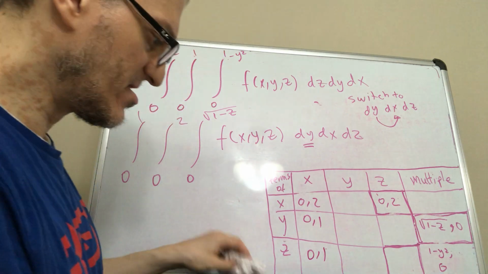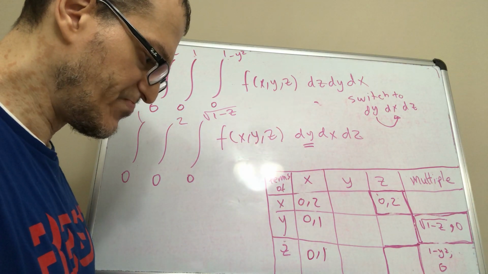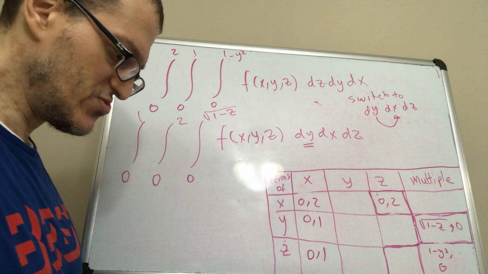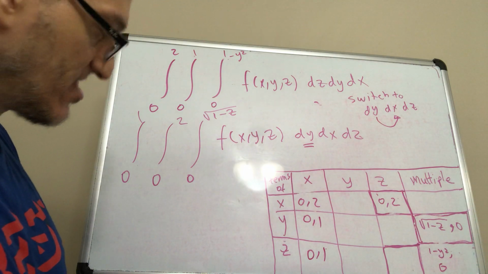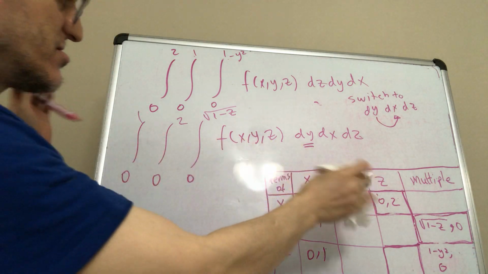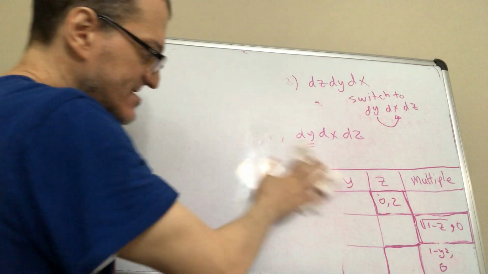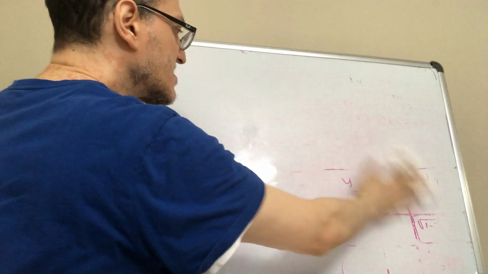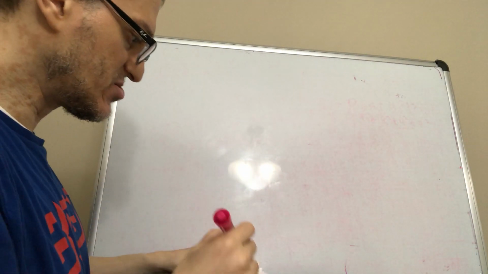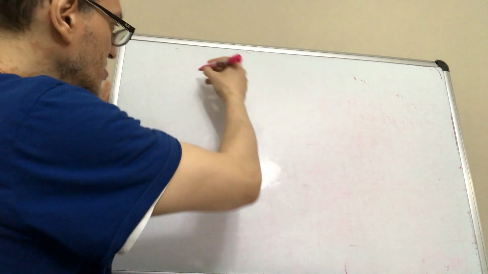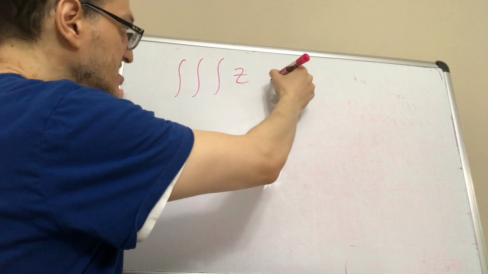Okay, we get into a more complicated triple integral where we need to switch to the polar system. So no longer this, it's switching to polar. First question in switching to polar: the integral of z dv.